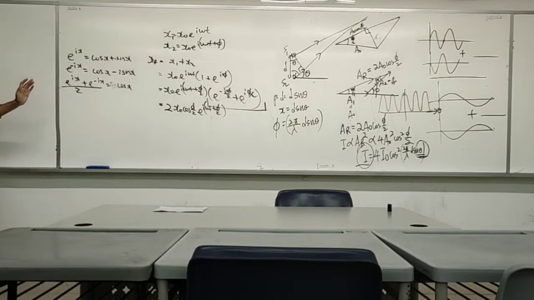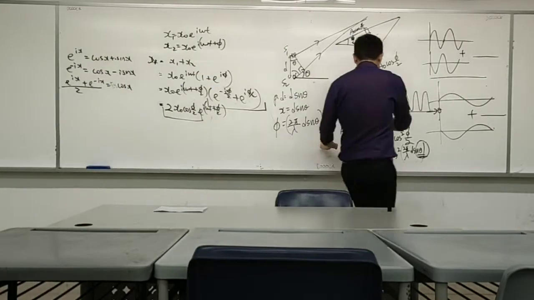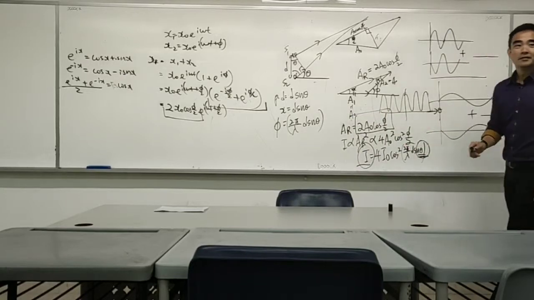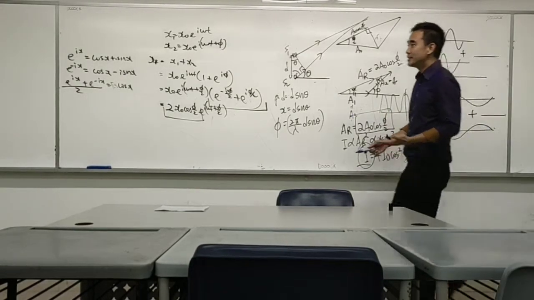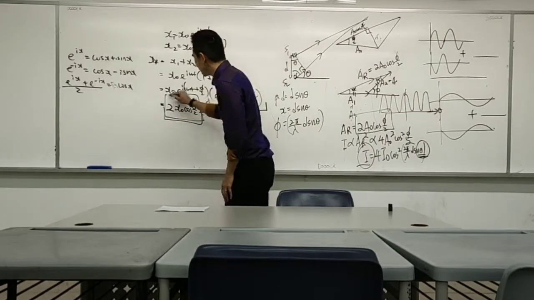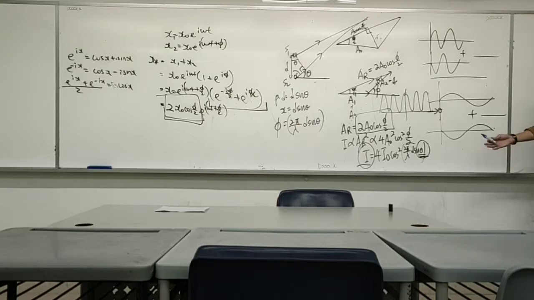Now, do you see the similarity between this and this? And this is the amplitude. This is the amplitude of the oscillation. So if you square this, you get the same equation as before. Two different methods, same conclusion.